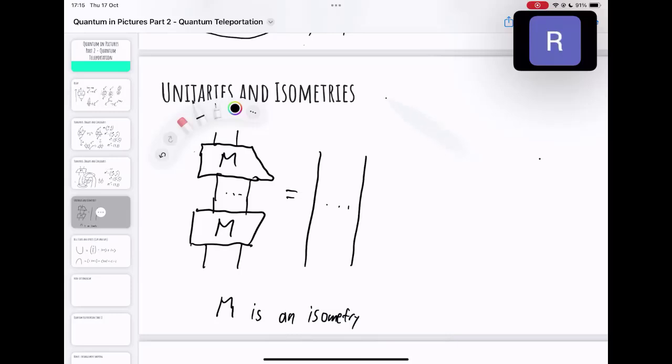And the reason for that is, suppose you were comparing the inner product between two vectors, A and B, two quantum states.